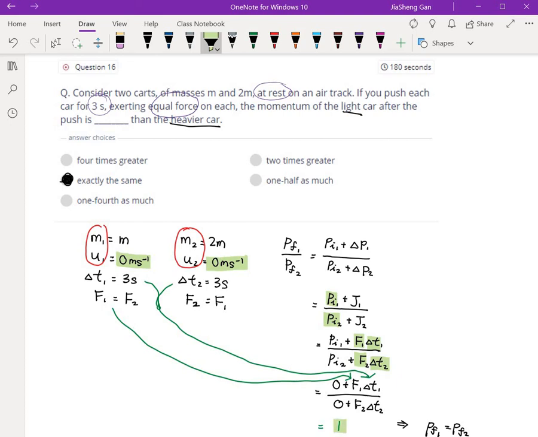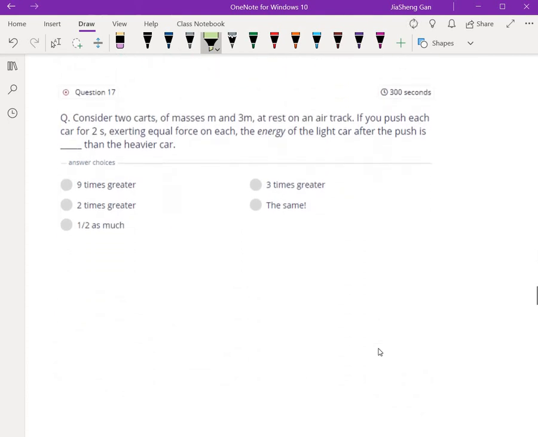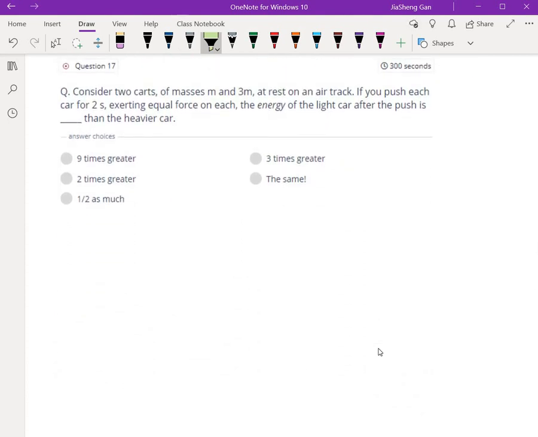So you move around this equation, and should find out that final momentum 1 is equal to final momentum 2. So that's the idea for question 16. Question 17 is the exact same question, except that now they're asking for the energy of the light car compared to the energy of the heavier car.